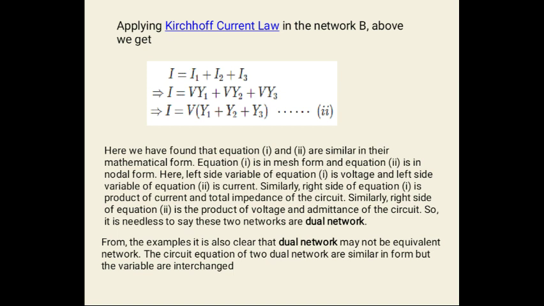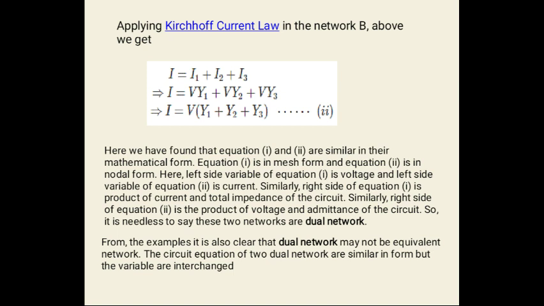That means voltage across parallel branches remains the same. Here we have found that equations 1 and 2 are similar in their mathematical form. Equation 1 is in mesh form and equation 2 is in nodal form. Here, the left side variable of equation 1 is voltage and the left side variable of equation 2 is current.